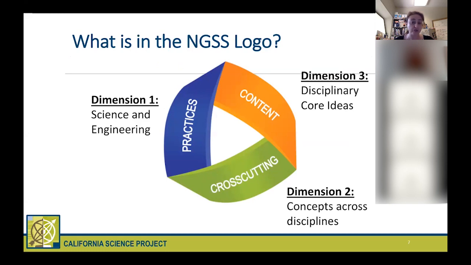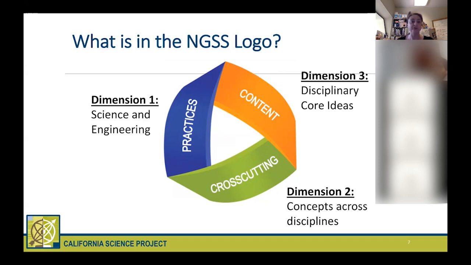We have the orange component, dimension 3, the one on the left side of the handout, and these represent the disciplinary core ideas. Dimension 1 are the blue components and are the science and engineering practices. And in the end, the crosscutting concepts are what connects disciplines together and is our second dimension.